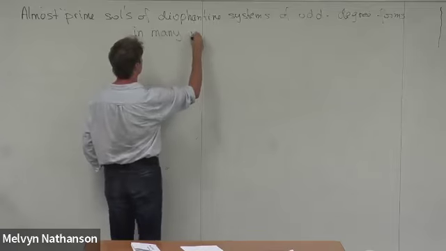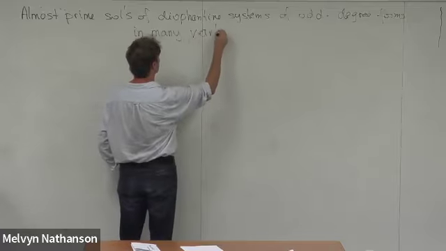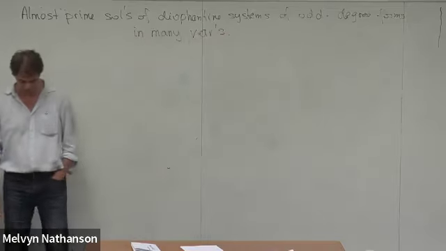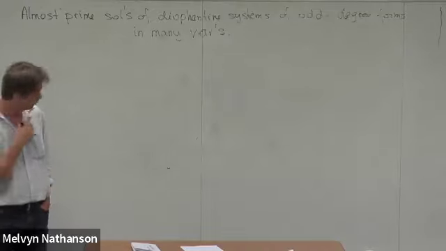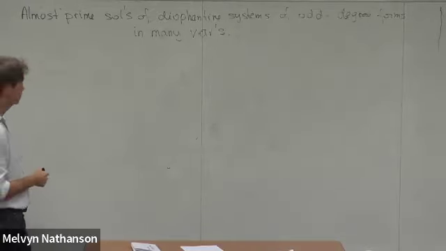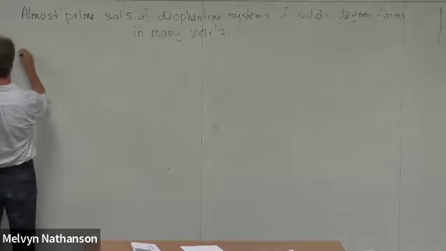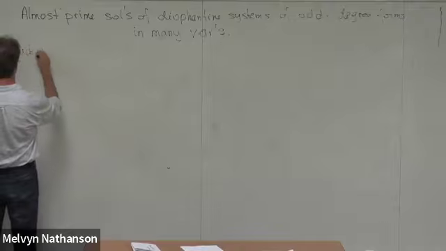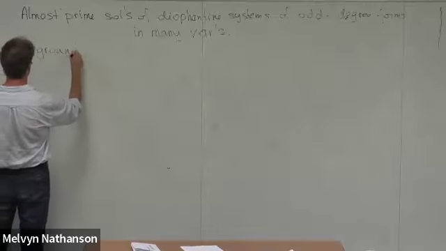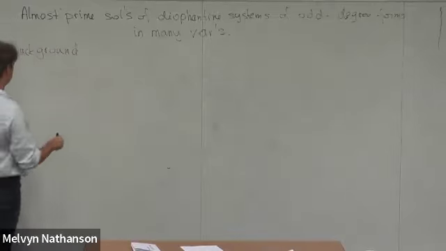Let me abbreviate at least variables. Okay. So let me start with some background. Is it readable from the back?